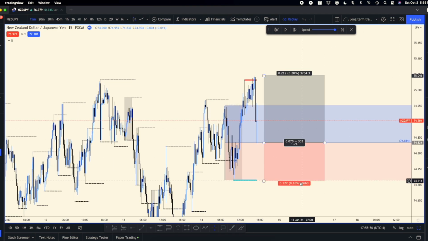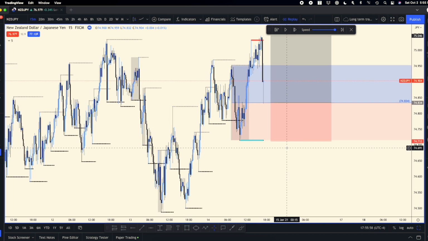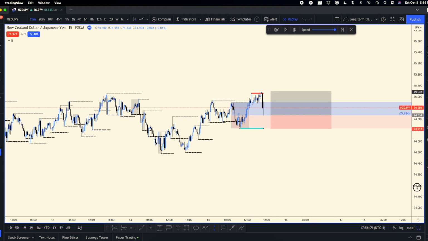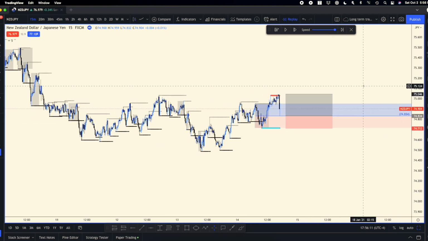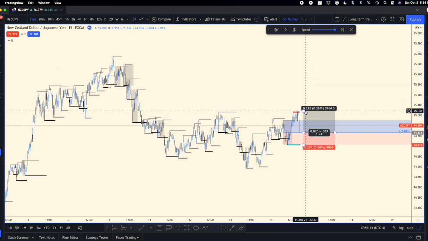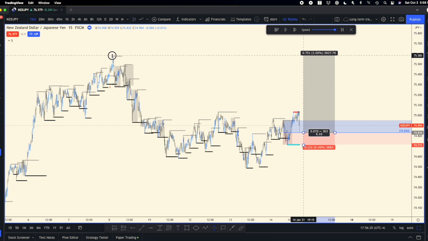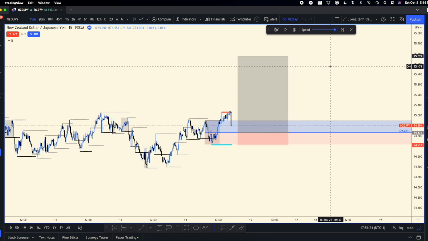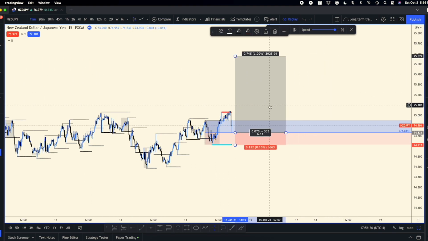Because realistically, what I see is it came down, grabbed liquidity, but it did break the structure, pushed down to the 50%. But I would like to see it make one more structure point, meaning one more MB. But it's all good. You know what, man? Let's do something crazy. Let's target up here. All right. So we're not in yet.